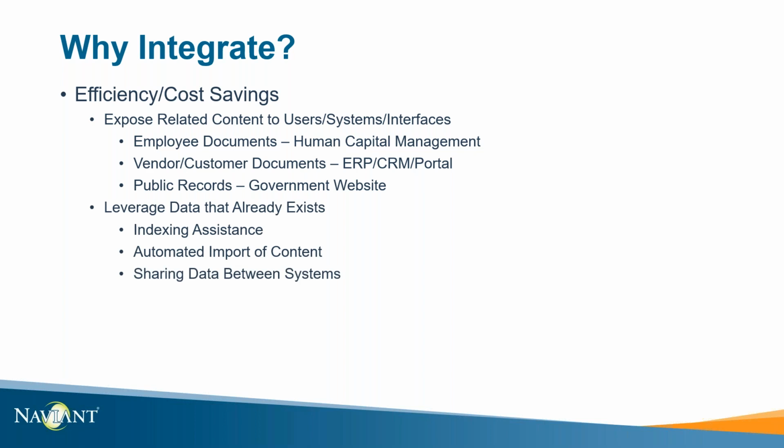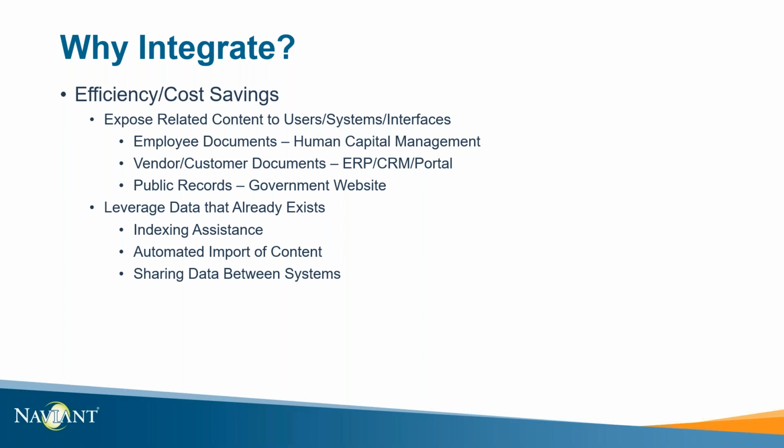There are situations where you have data that exists in other systems that we want to leverage, whether that be for indexing assistance, or bringing that content into on-base, importing it in an automated fashion and leveraging that data that we already have, or even sharing data between systems. Think of workflow processes where we may be starting a process where OCR, or optical character recognition, is extracting information off of incoming documents.